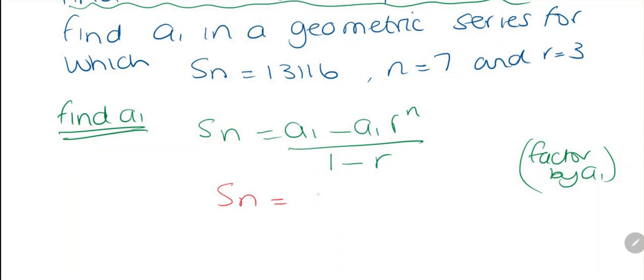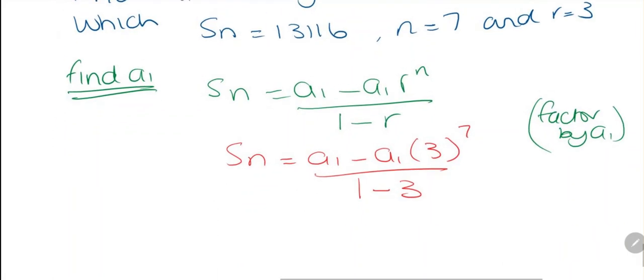So a1 minus a1, and we know the ratio r is 3, and that's the power 7. And Sn, okay, so we got that. And we're dividing by 1 minus 3.